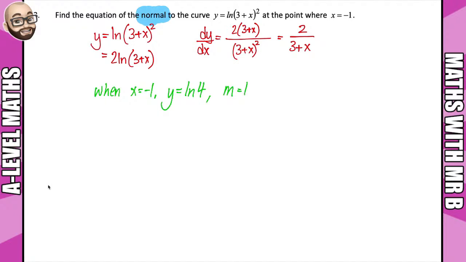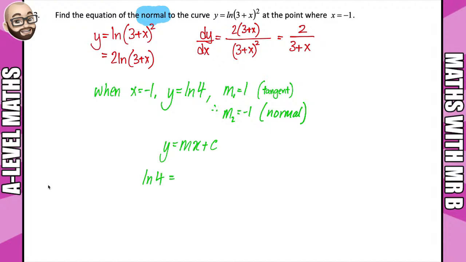Now this m value here, I'm going to make a little note that this would be the tangent gradient. Therefore the m value that we want, so we call that m1, this can be m2, is going to be minus 1. That's the one we need to use. That's going to be the normal gradient. So now we're going to plug it into y equals mx plus c, and we get ln of 4 equals minus 1 times by minus 1 plus something.